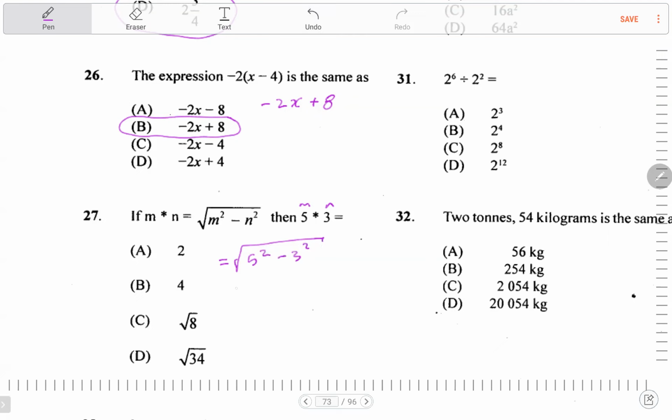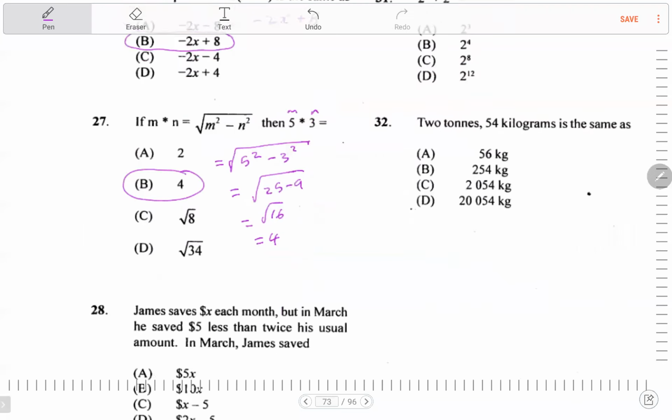That's your 3, 4, 5 triangle, right? So the answer is 4. It becomes the square root of 25 minus 9, which is the square root of 16, which is 4. But it's good if you just realize it's a 3, 4, 5 triangle. Answer is 4.